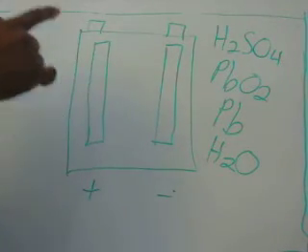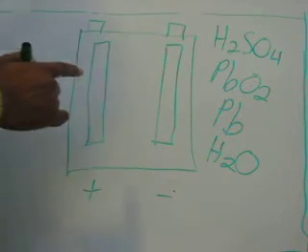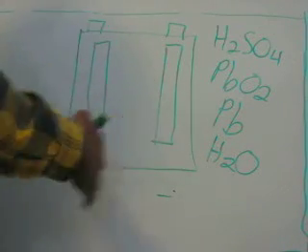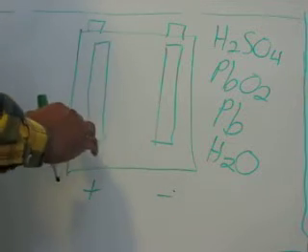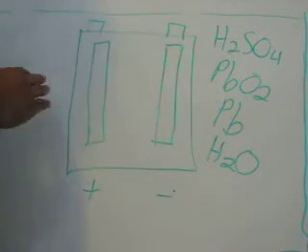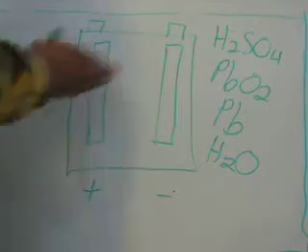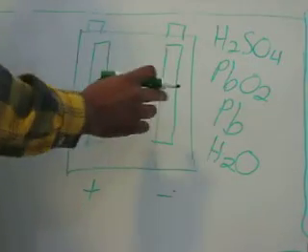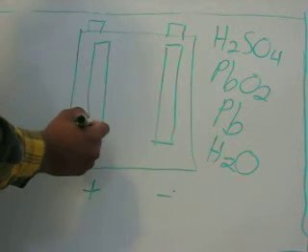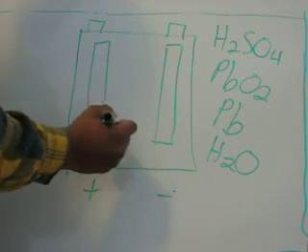So how does that occur? I'm not going to do all the chemical equations, I'm just going to tell you what's going on. When you put a load across here and current is flowing, one of the byproducts of this chemical reaction is something called lead sulfide, and it starts to collect on these plates.